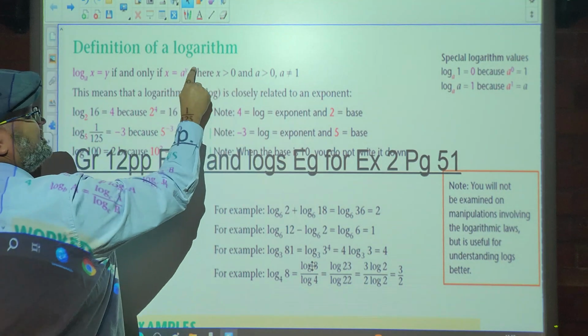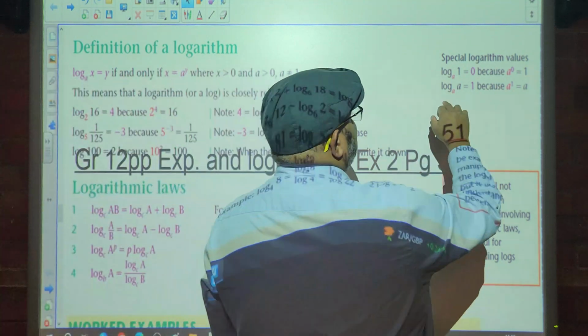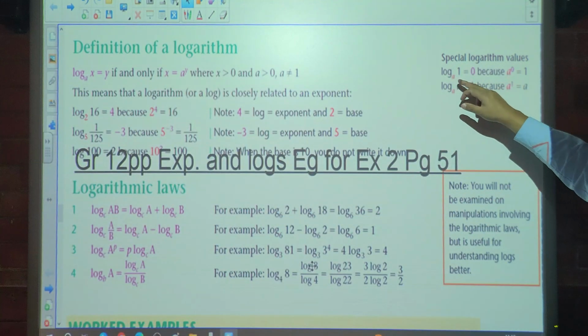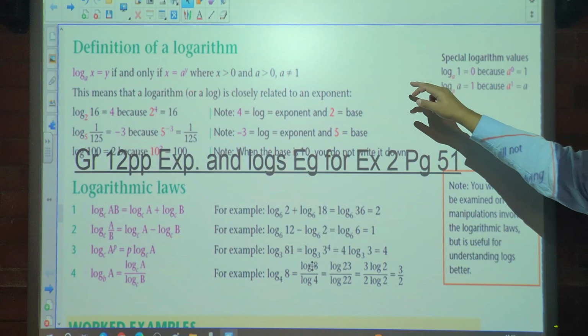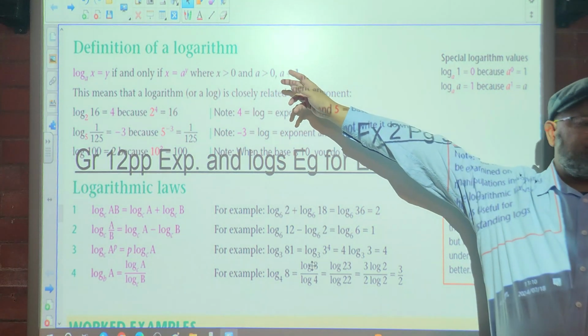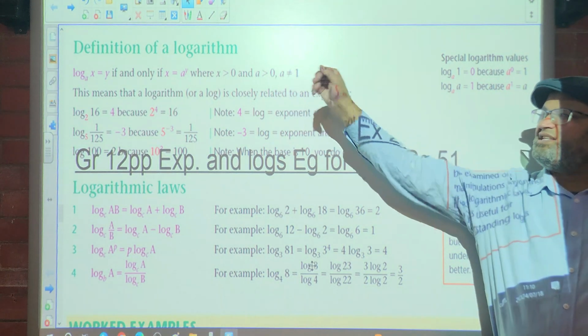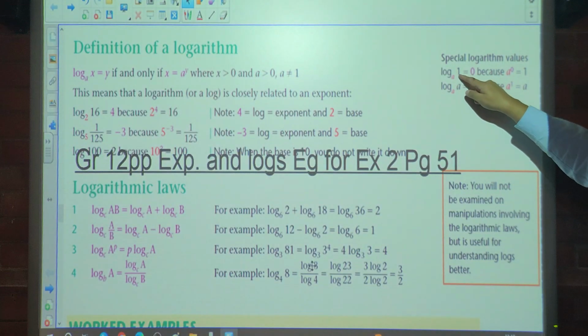And then whatever happens here, that number is always positive. So a special logarithm value is log of 1 with whatever the base is, provided it follows that restriction, because A to the 0 is equal to 1.